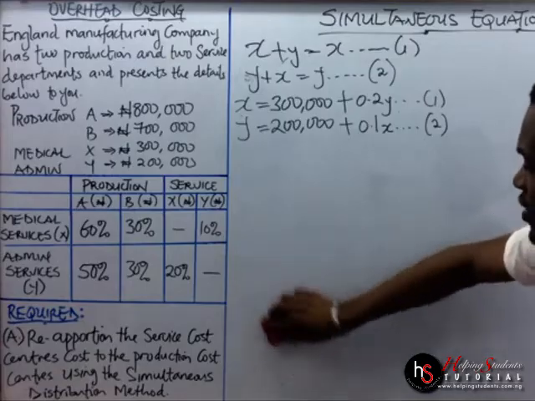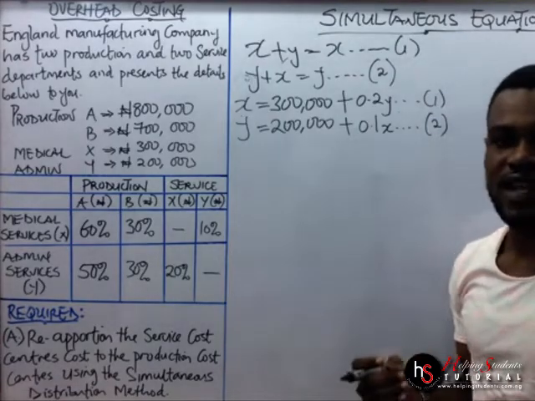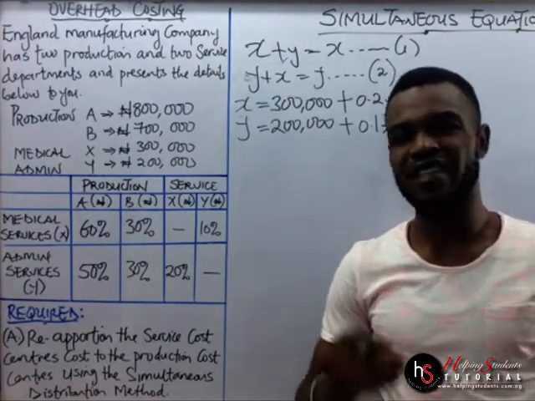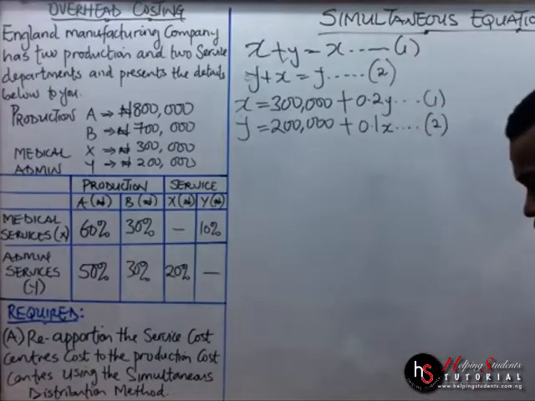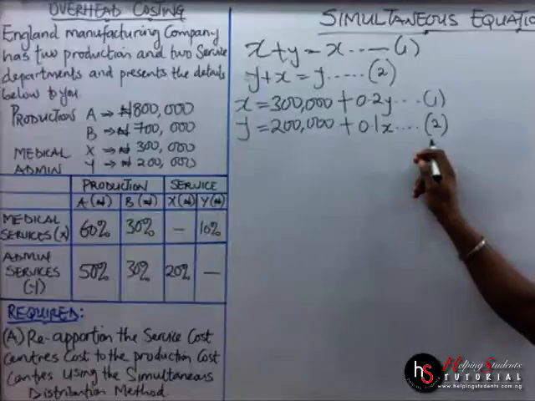To answer this question is a very simple process. You just need to understand the steps and make use of the formula or the values at the right time. The first thing we're going to do here is to substitute x into equation 2.